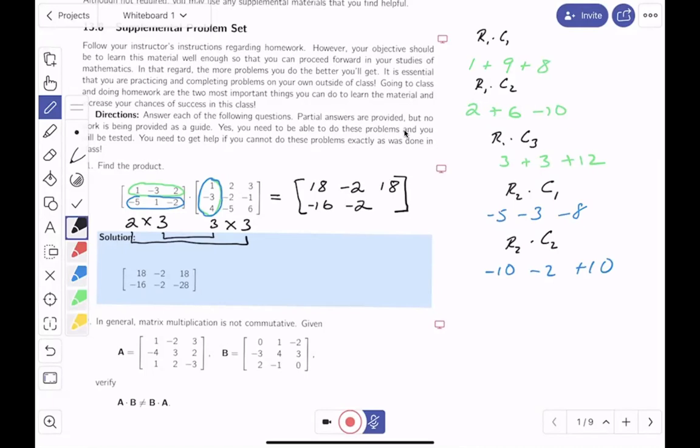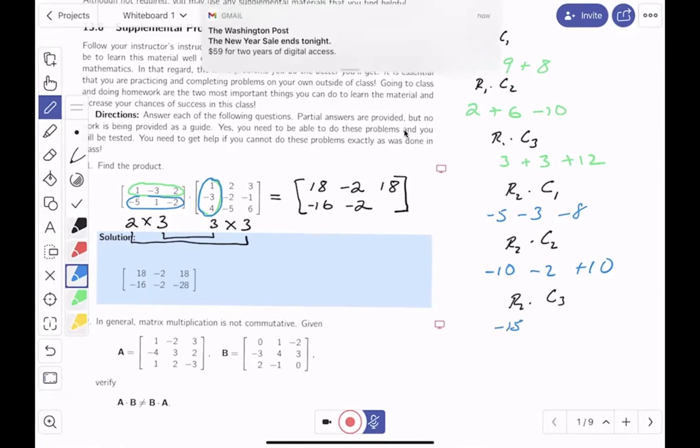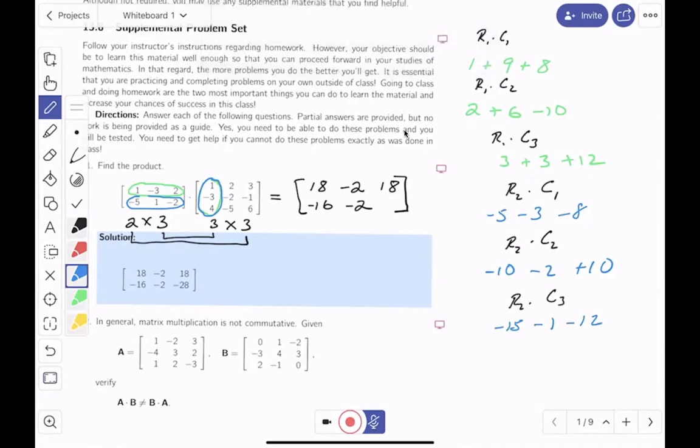Now I'm going to do row 2 times column 3. All right, let's go through that. And what are you going to get there? You're going to get minus 15, minus 1, and minus 12. That gives you minus 28.